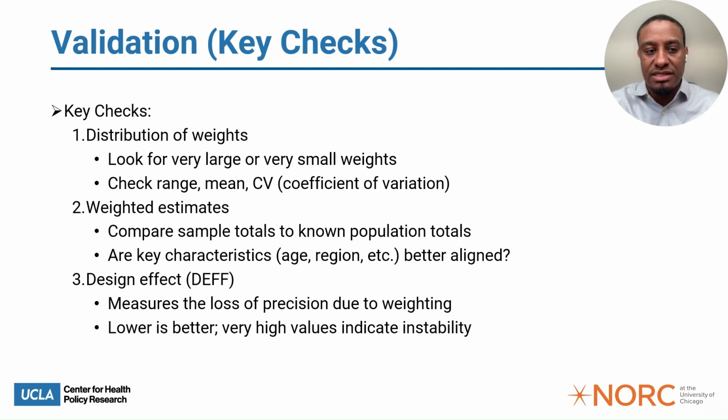So we can use the design effect, which is a measure that tells us how much variability we added to the estimate by unequal weighting. When the number is equal to 1, that means we didn't add any variability due to weighting. As that number increases, we are adding more. So the goal is to keep that number as low, close to 1, as possible.